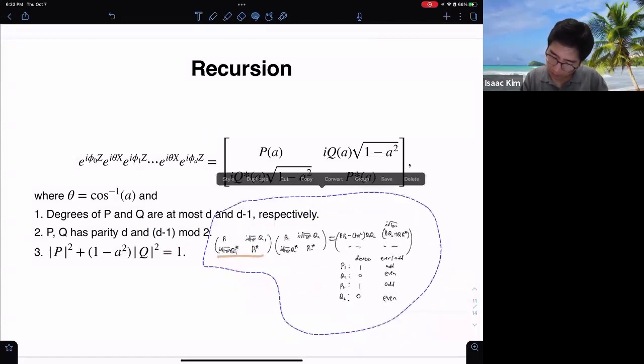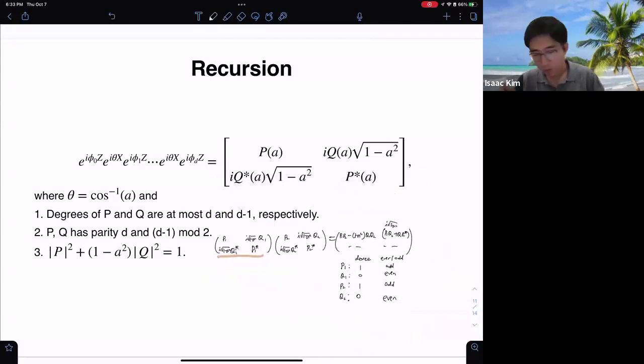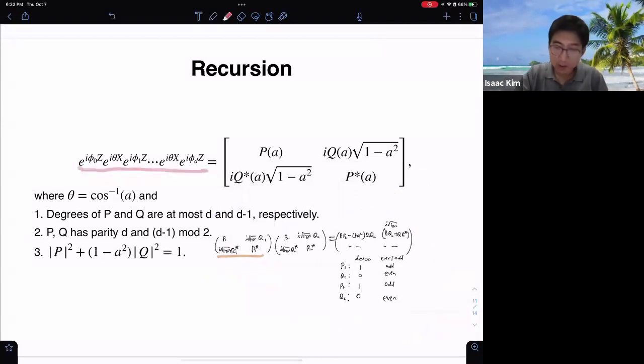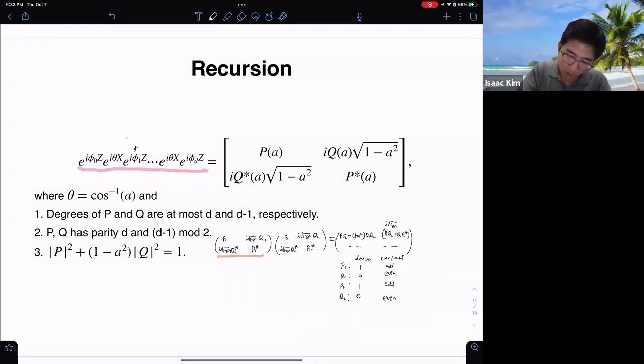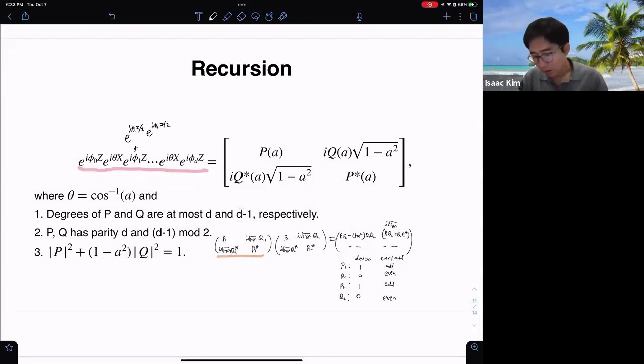Imagine we have broken down this sequence of operators into two pieces. Like the left part, maybe you want to cut it, maybe you want to break this down into e to the phi 1 z and e to the phi 1 z divided by 2.